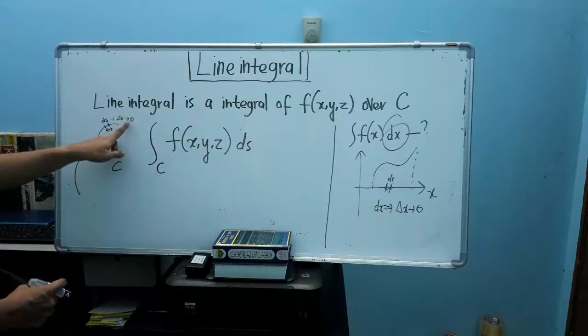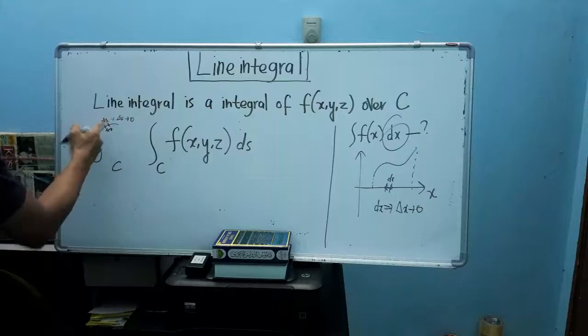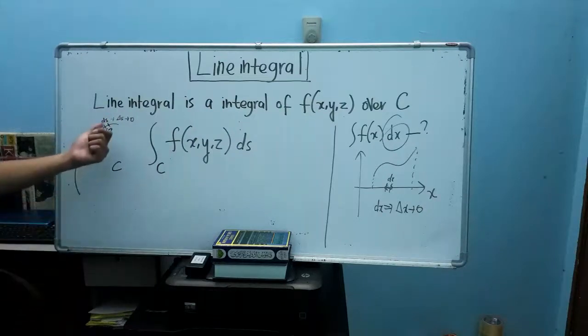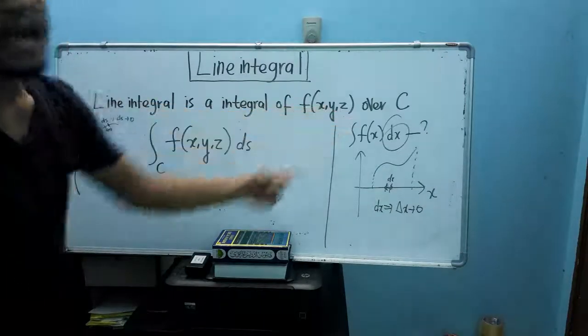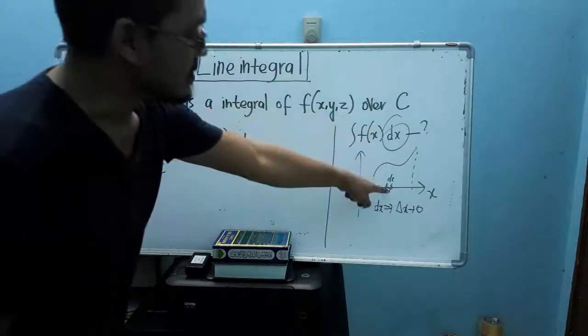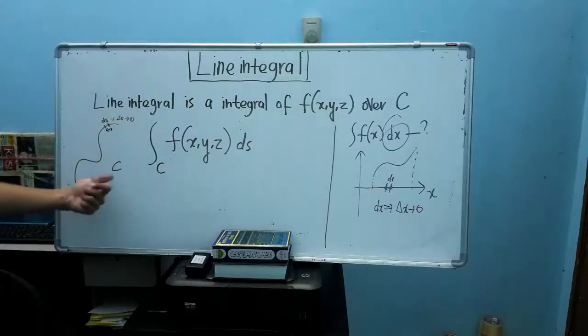When delta s approaches 0, it can be represented by ds. So ds, like I said just now, is just a small length along C, the same thing as dx. The difference is that dx is on the x-axis, while ds is along C in space.